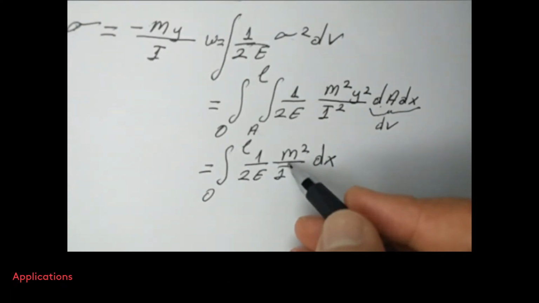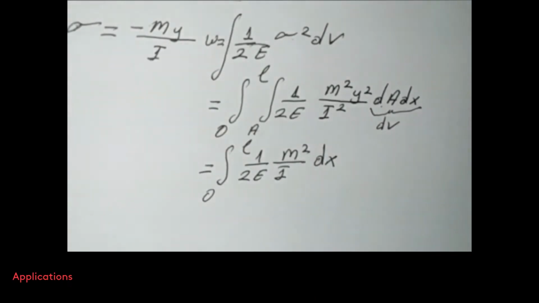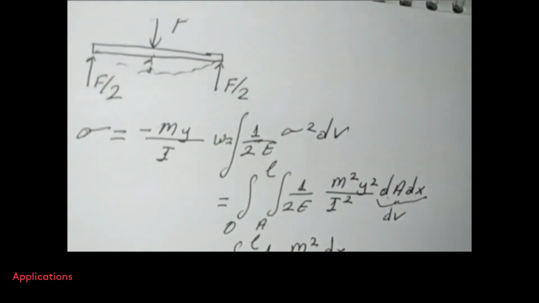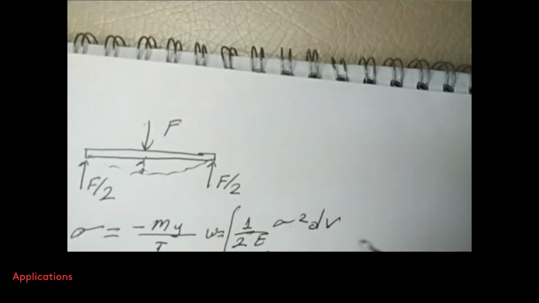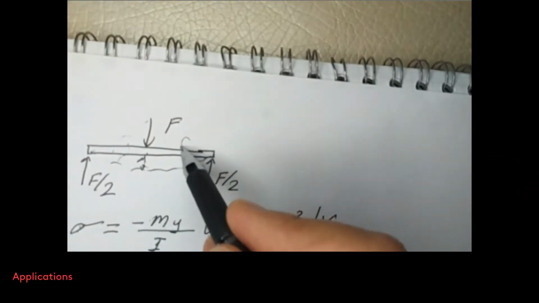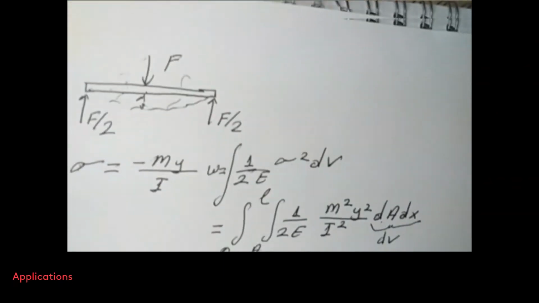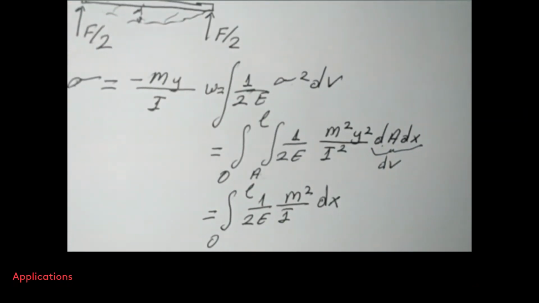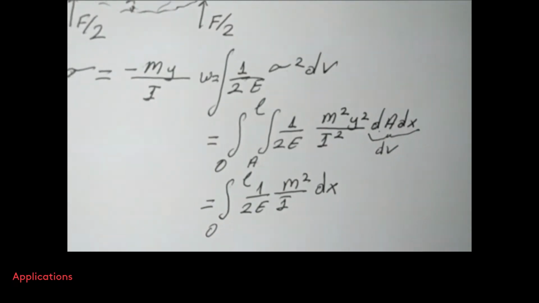In fact, as you see, I have two parts, and I can cut the structure from either side in order to determine the moment distribution. So for this purpose, I can write the M.